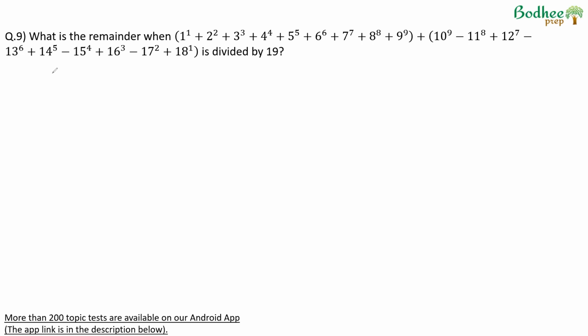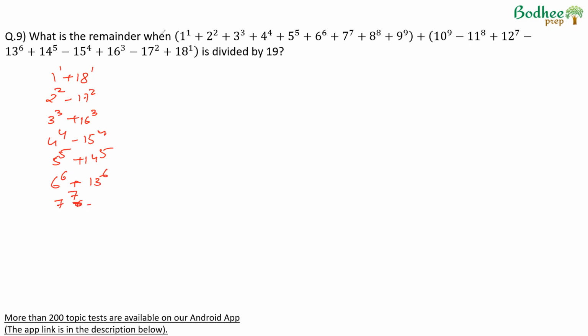So this becomes 1 raised to power 1 plus 18 raised to power 1, 2 raised to power 2 minus 17 raised to power 2, 3 raised to power 3 plus 16 raised to power 3, 4 raised to power 4 minus 15 raised to power 4, 5 raised to power 5 plus 14 raised to power 5, 6 raised to power 6 minus 13 raised to power 6, and so on.